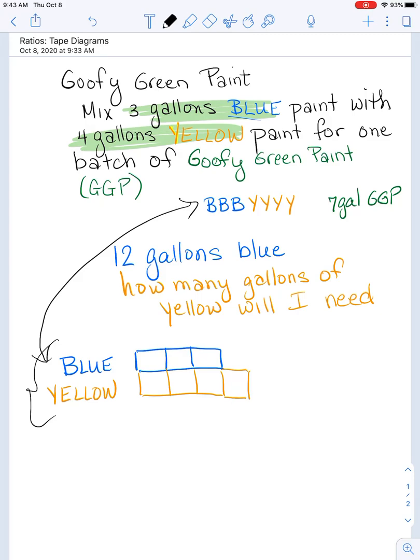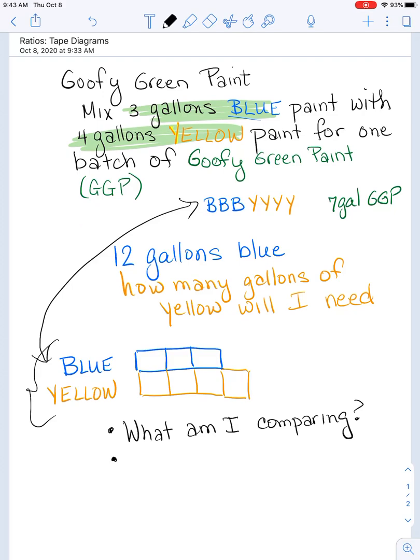So when I solve ratio problems, and this goes for all ratio problems, I'm going to ask myself some questions. I'm going to say, what am I comparing? Okay, and of course the answer here is blue to yellow.